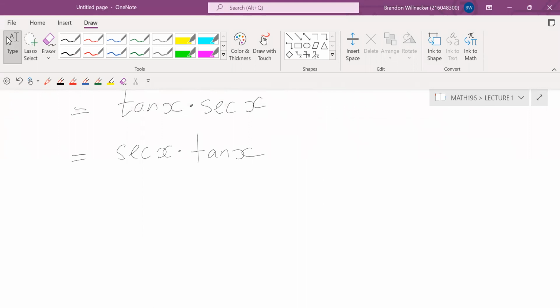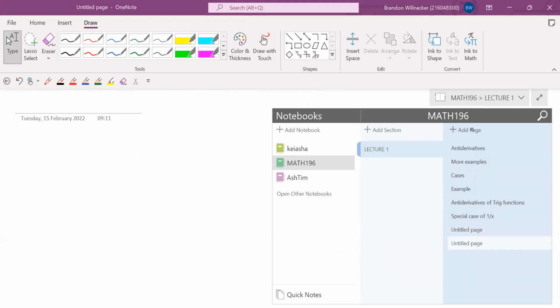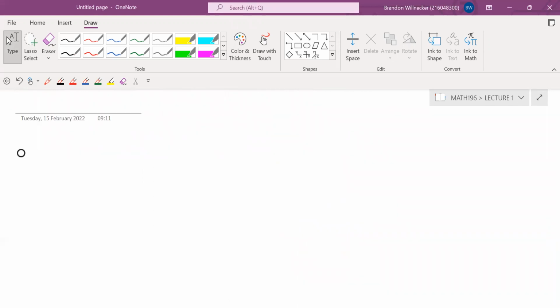Okay, so with that done, let's move on to the main topic for this lecture, and that is the area problem. So firstly, what is the area problem?